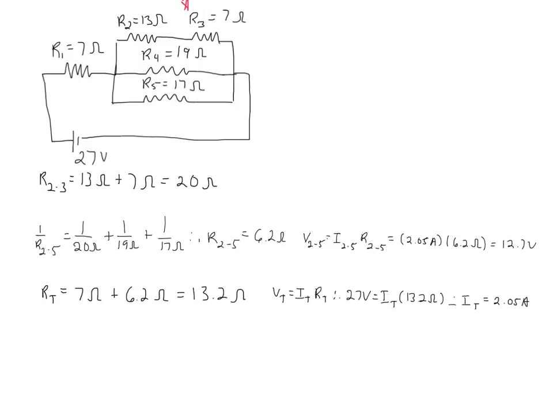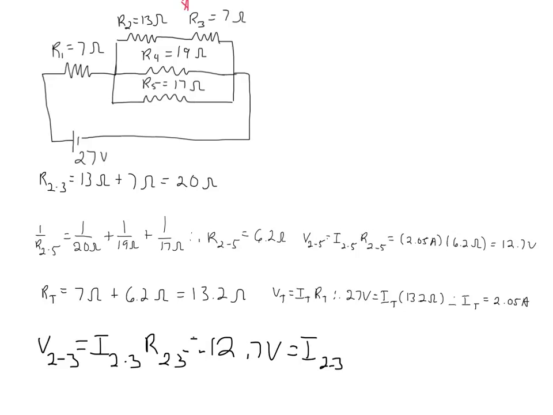We're going to do voltage of 2 through 3, which we said was 12.7 volts, equals the current of 2 through 3, which is what we're finding, times the resistance of 2 through 3, which is 20 ohms.